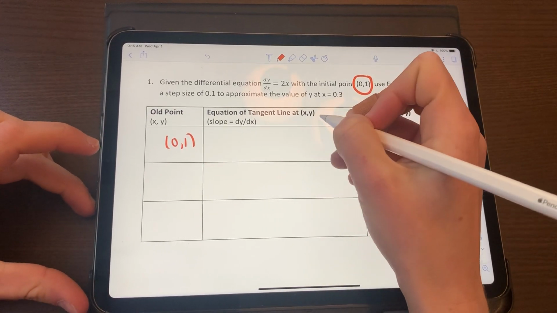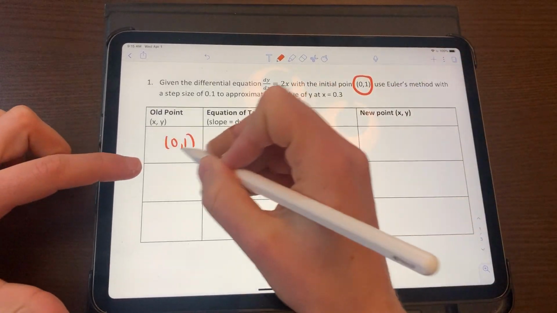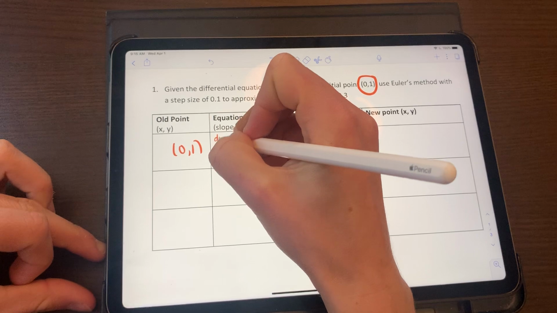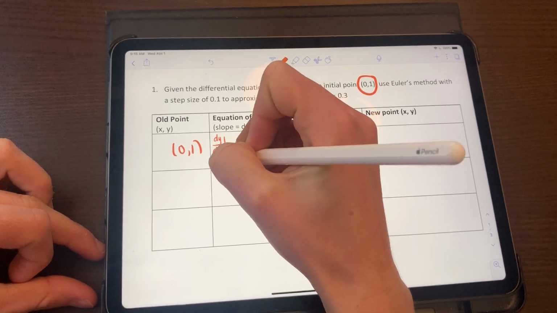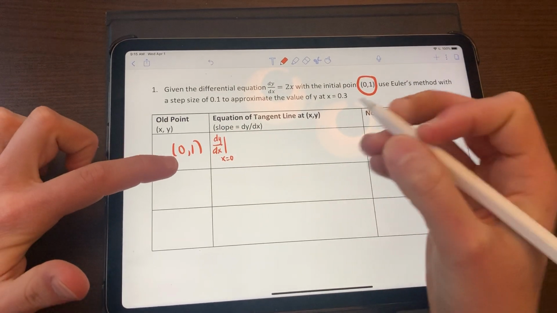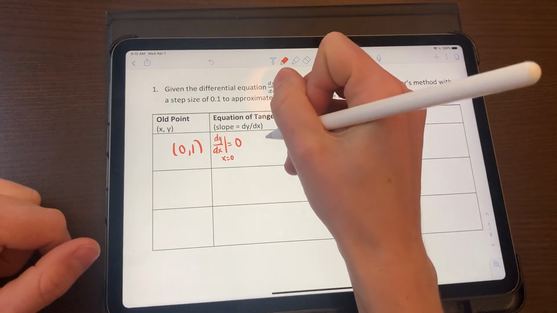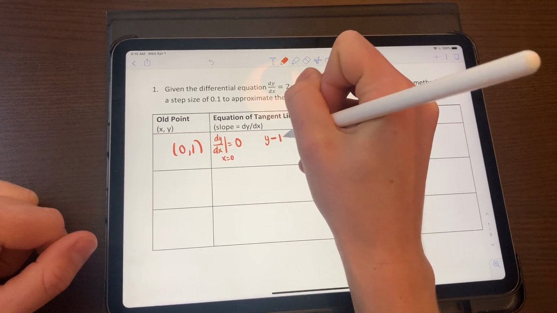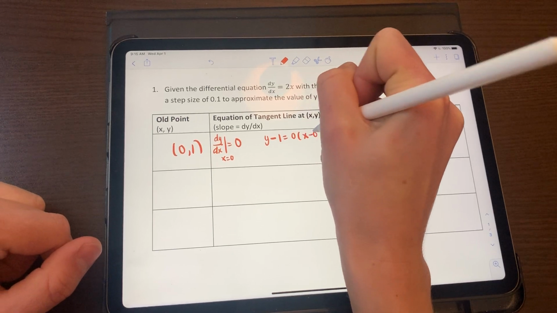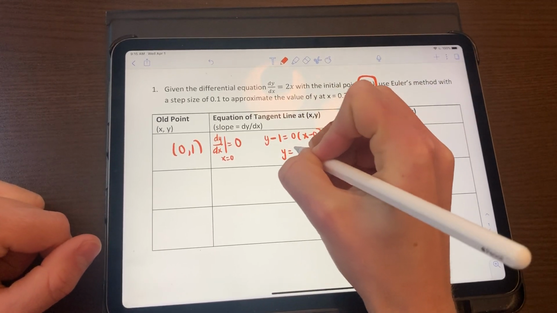So we need to draw a tangent line from this point. First we need to know the slope here. Well, x is equal to 0, so the slope is just going to be 0. So our tangent line is y minus 1 equals 0 times x minus 0. Well, that's just y equals 1.